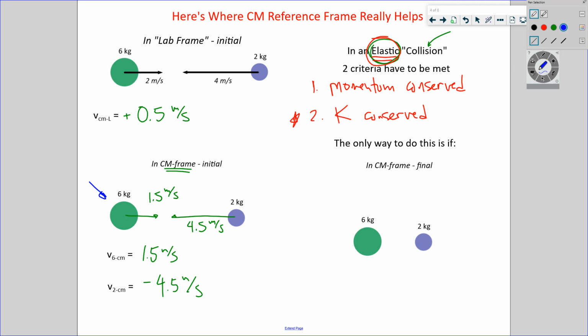So this object ends up doing this. This object ends up doing this.